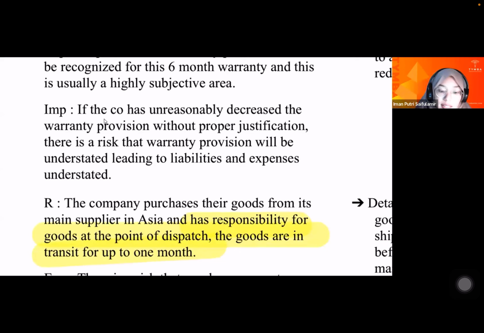If I draw a timeline, maybe on the 1st of January the company has placed the order, and the goods will arrive at the central warehouse, and only then will they arrive after 1 month.